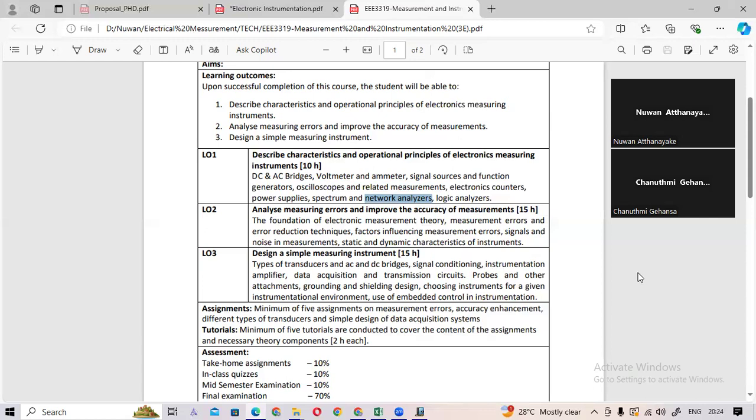So when you input a signal from one section to another section, if those section impedances are not matching, some part of the signal will be reflected. That is what we call reflection, okay? So based on this reflection, there are some parameters we can define. Those are called S parameters, scattering parameters, okay?